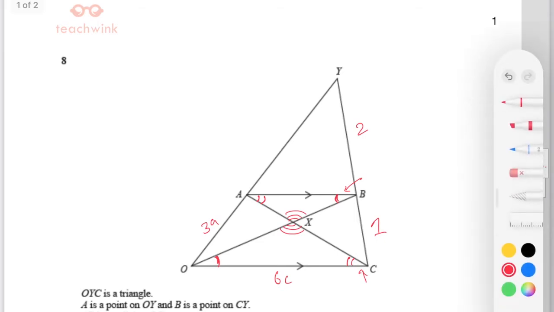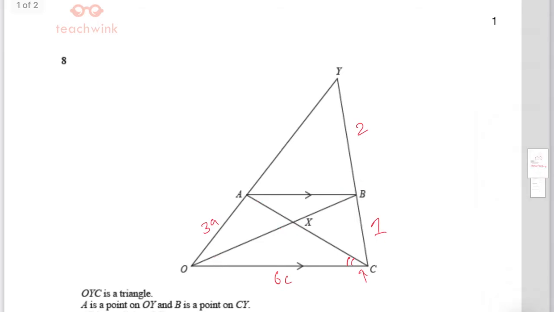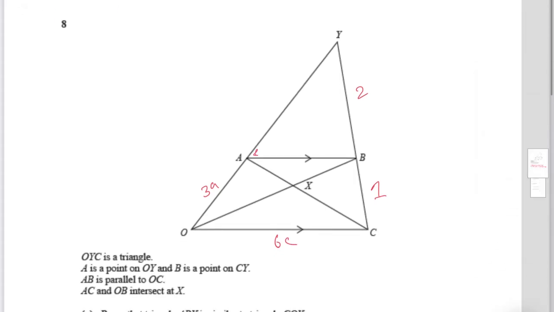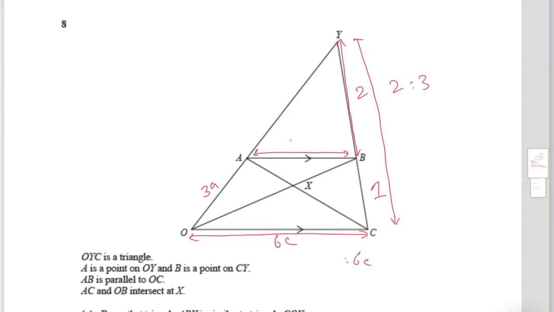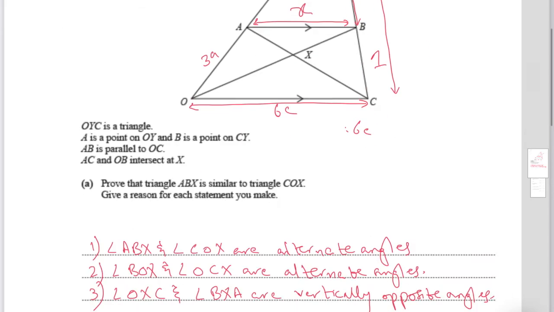Okay. First of all, let's remove these signs over here first. Not the 6C. That is going to be part of this question. So they've asked us to find this length over here. So we can compare these two lengths. If I compare this length with the length of the entire triangle, it would be in the ratio of 2:3. So if this is the length of the larger triangle, this is going to be 6C and this is going to be X. So we can compare them.